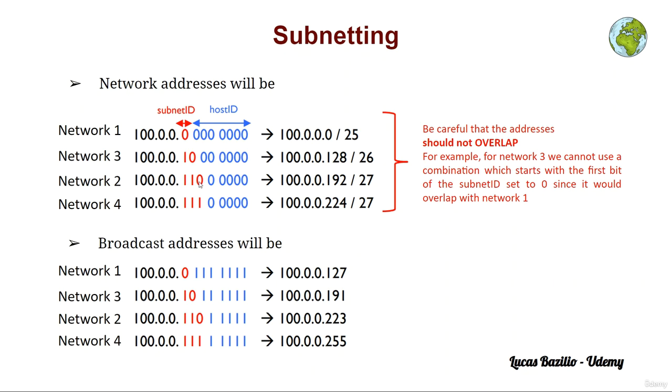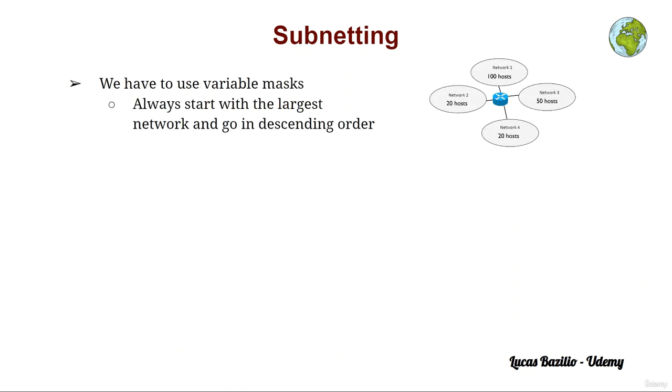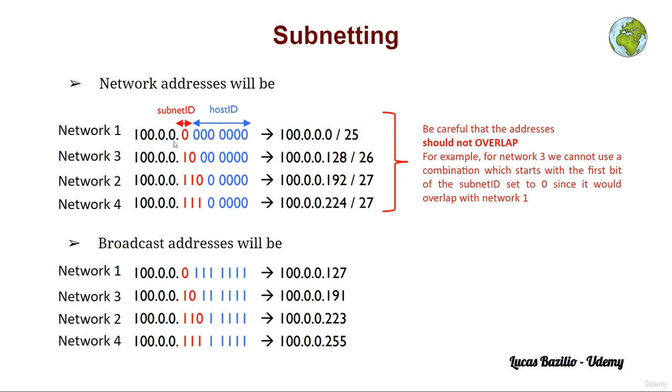Network 2, we have 3 bits of the subnet ID, so 24, the original mask, plus 3 bits, 27 bits. So now the mask is 27. The same for the network 4, 24 plus 3 bits, 27 bits. These are our masks. So this is why we say that this is an example where we use variable masks, because each network can have different masks, and hence a different number of bits in the subnet ID.